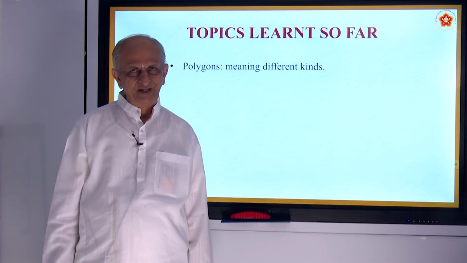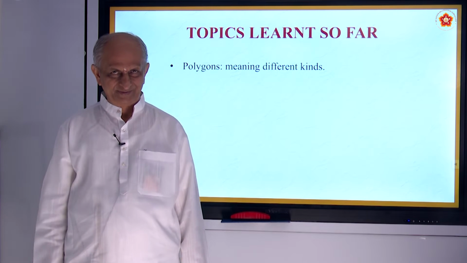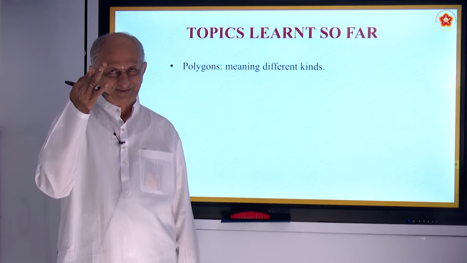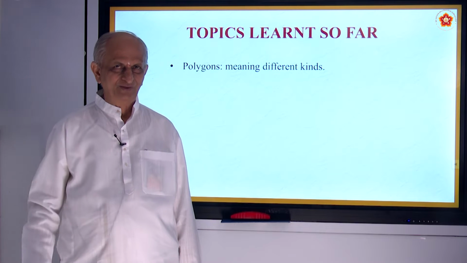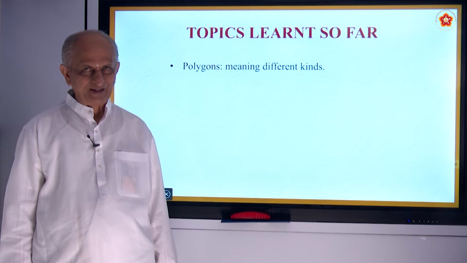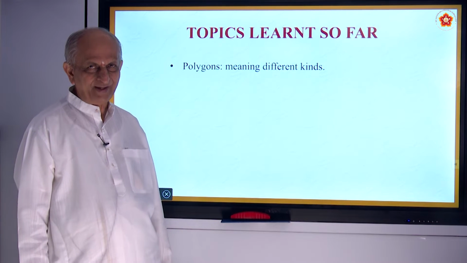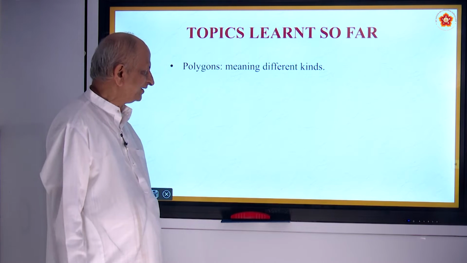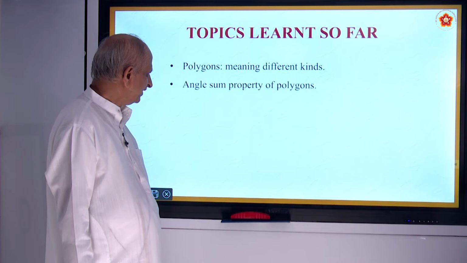In polygons, we have different types. A polygon having 3 sides is called a triangle, 4 sides a quadrilateral, 5 sides a pentagon, 8 sides an octagon, etc. That we have studied already.